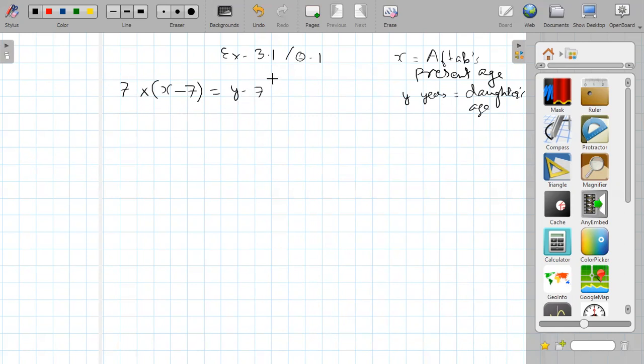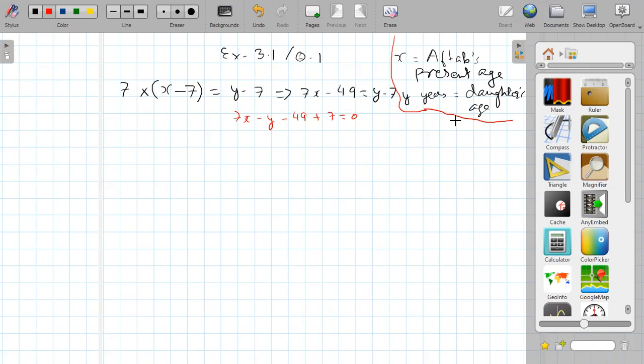First equation, first condition. On solving this equation, 7 multiplied inside, we get 7x minus 49 is equal to y minus 7. Transposing y to the left-hand side, we get 7x minus y minus 49 plus 7 is equal to 0.